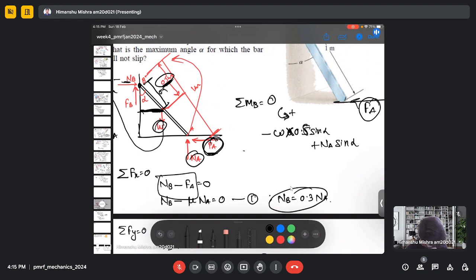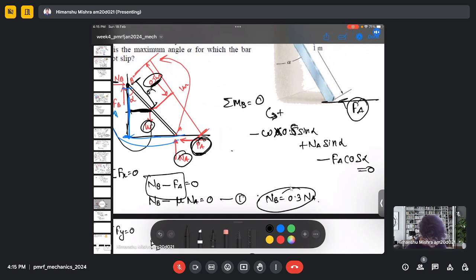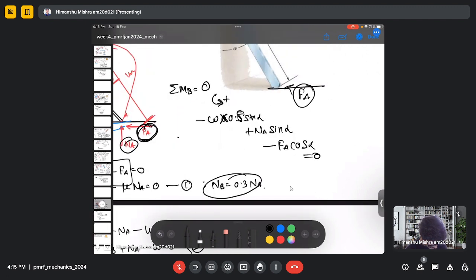And my friction force FA is also creating a clockwise moment, like in this direction around B. And here we need to consider this distance, minus FA cos alpha equal to 0. So we already know all these quantities like normal reaction NA, friction force FA and W. And we can easily calculate alpha from it.